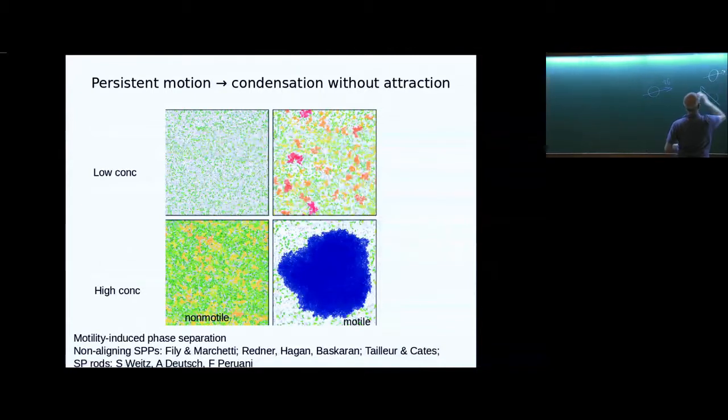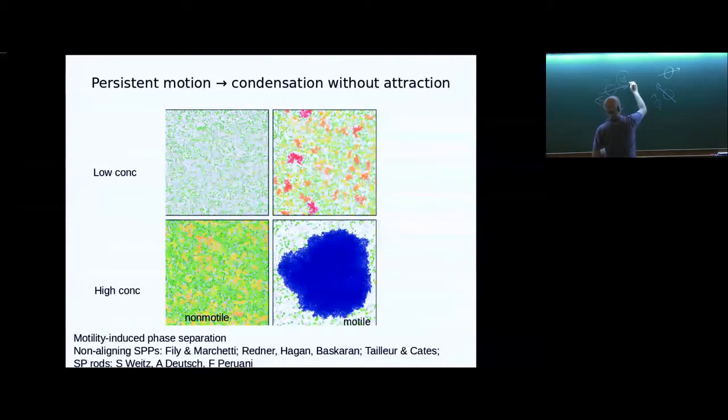And imagine you just throw them into a system, and you let the system go. Each of these arrows is which way the particle is pointing. Each particle is endowed with a speed v0, and this arrow is also doing rotational diffusion.